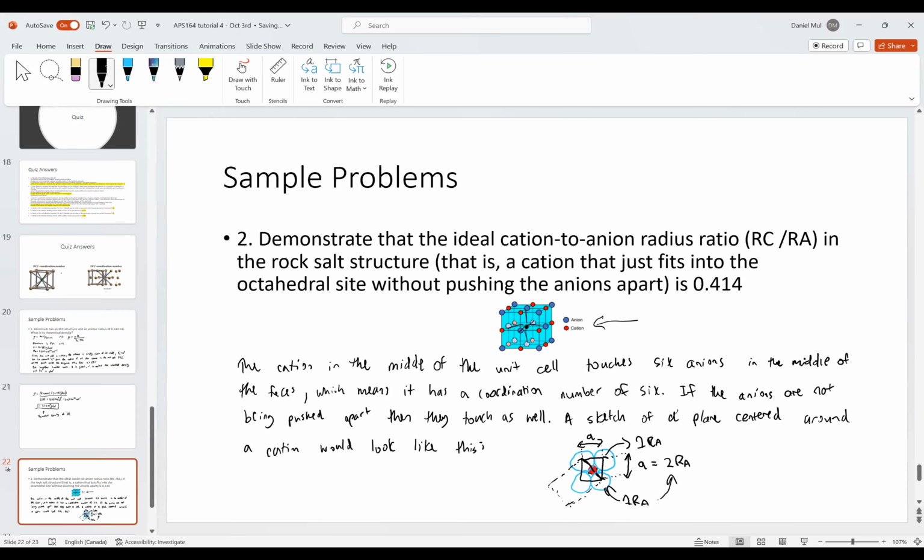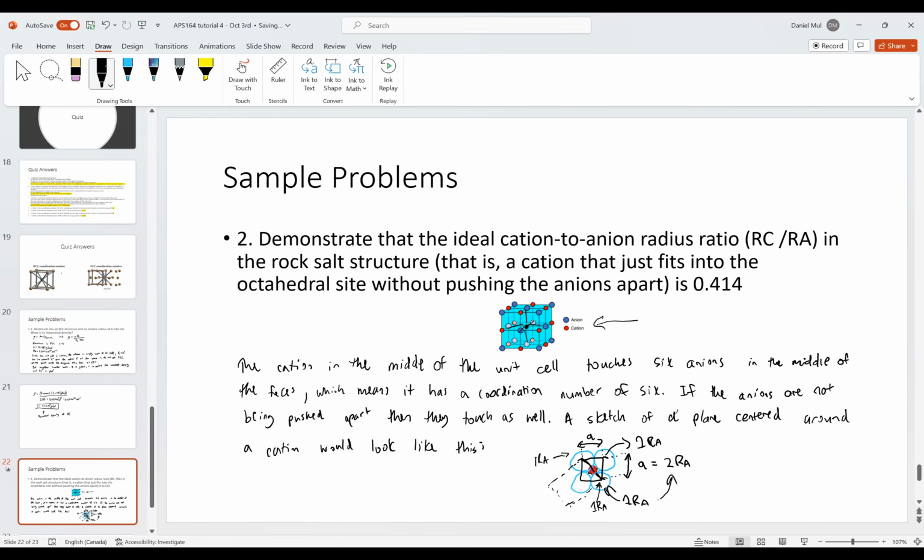So if we consider from this point here in the unit cell, that's 1 radius from this one, so we get 1 RA. Then from this one, we get 1 RA.